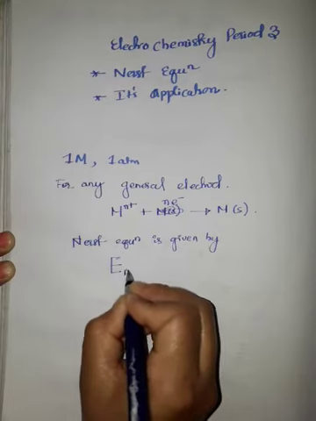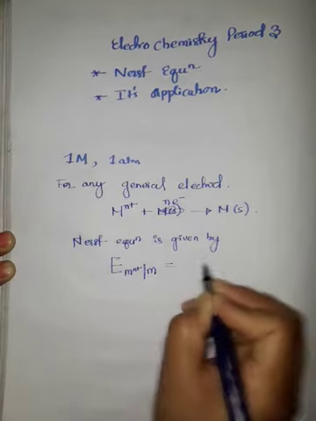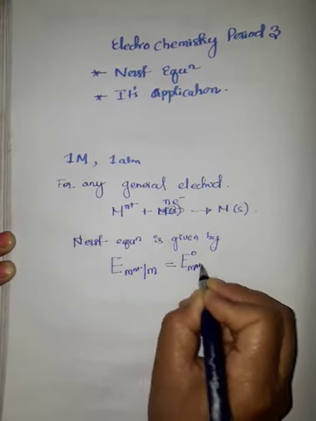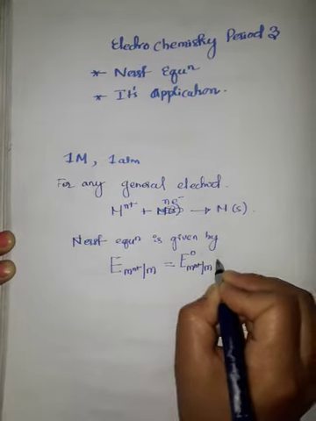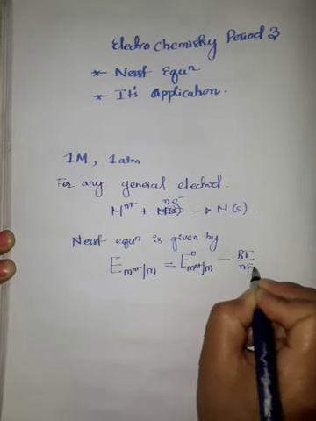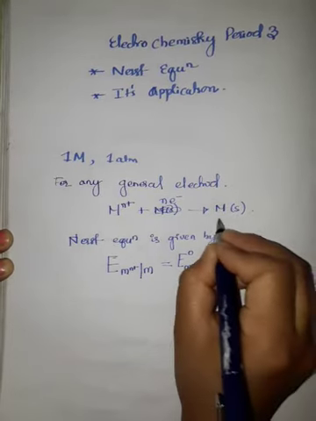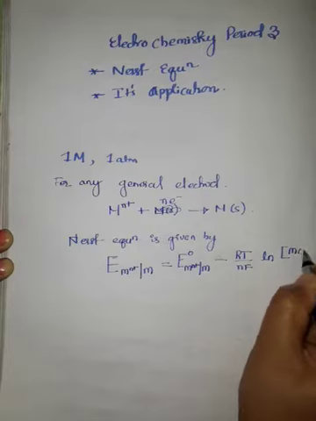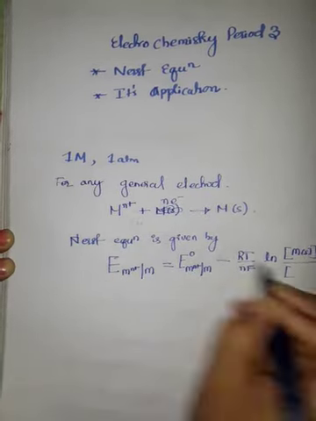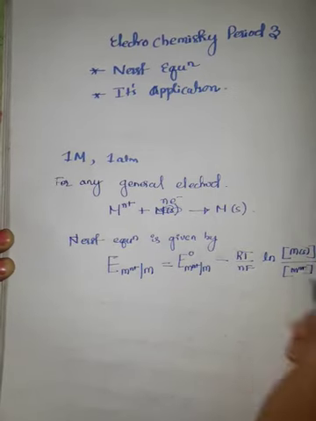electrode potential is equal to standard electrode potential minus RT by nF ln of the concentration of the metal on the right side divided by the concentration of the metal ion on the left.